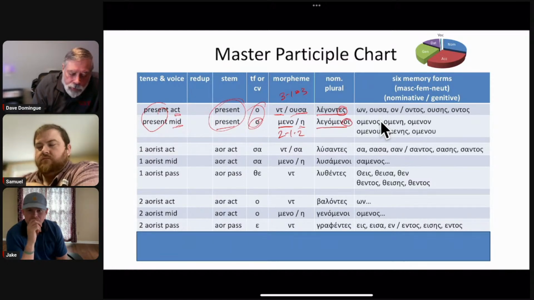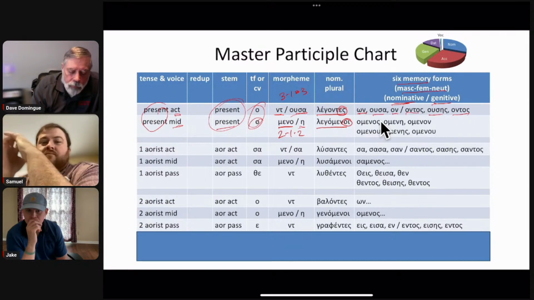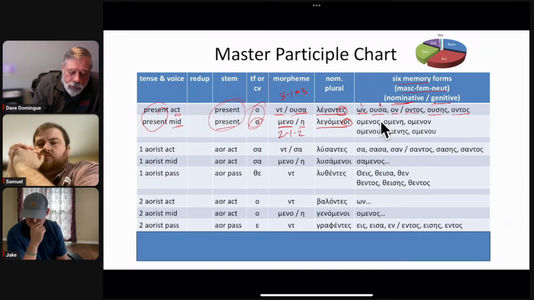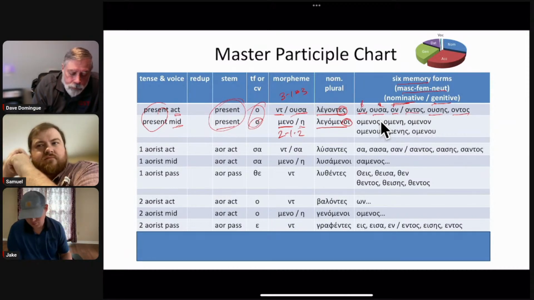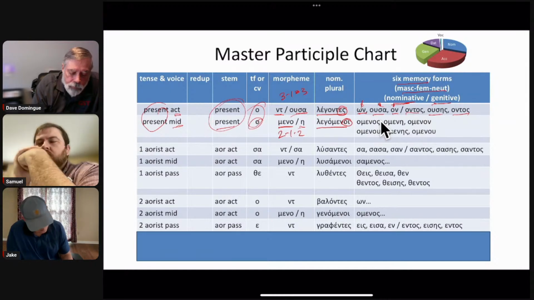And so here's the six forms that you really want to know. It's the nominative and genitive for your masculine, feminine, neuter: the own, usi, the own. Those are the singular, ontos, uses, and ontos. For the nominative, masculine, nominative, feminine, nominative, neuter.